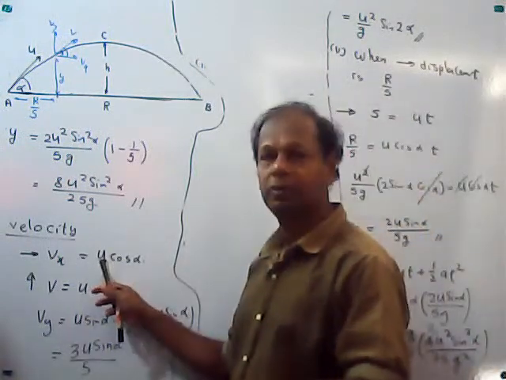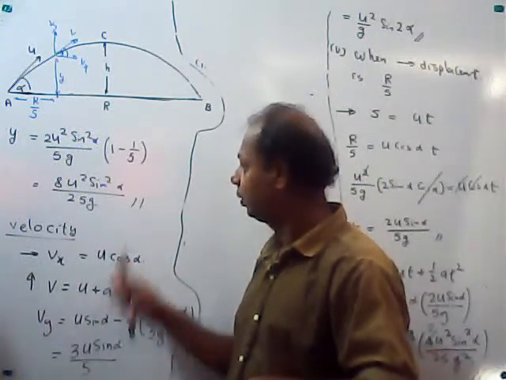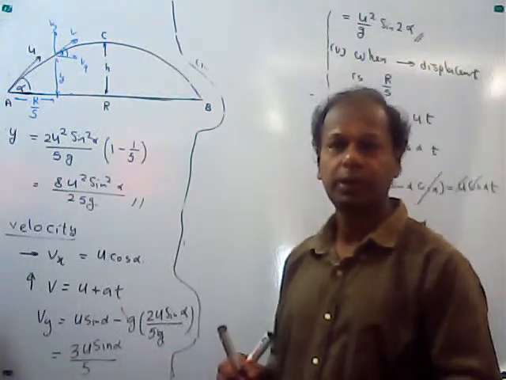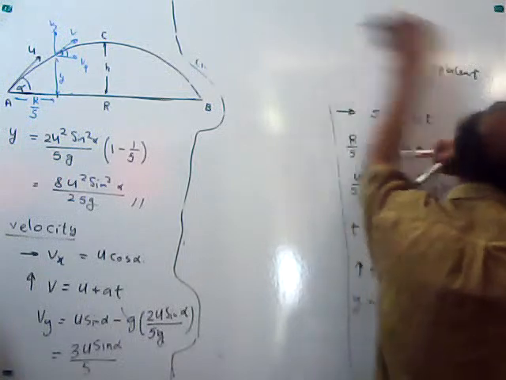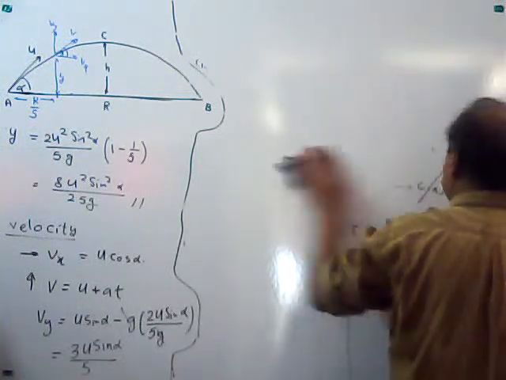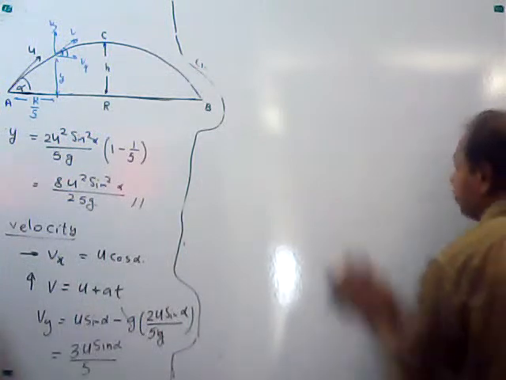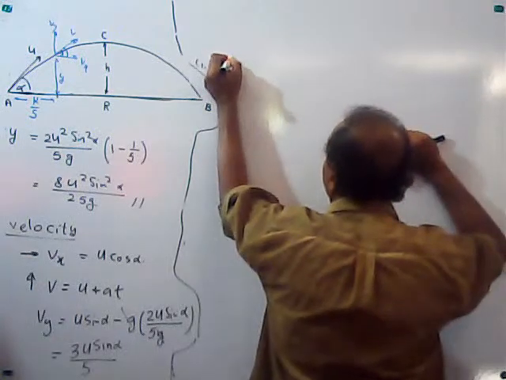So we have the horizontal component and also the vertical component. Now you can use them to get the resultant velocity with both magnitude and direction. So let's find the resultant of these two components.